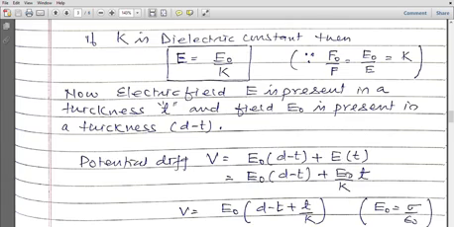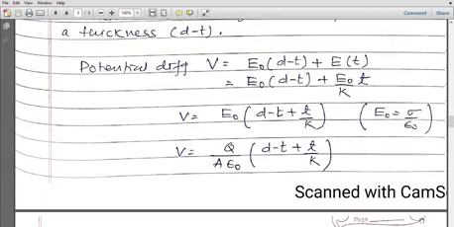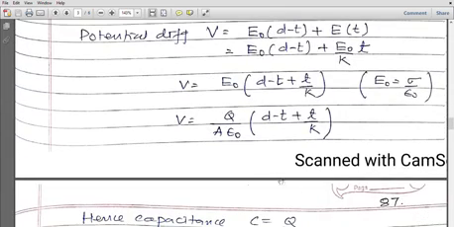The value of E is E0 by K. So you can take E0 common, what left? d minus t plus, take E0 common, t upon K. So it is t upon K. Okay. Now what is E0? It is sigma upon epsilon 0, and sigma is Q upon A. So you can say V is equal to Q upon A epsilon 0 times d minus t plus t upon K.